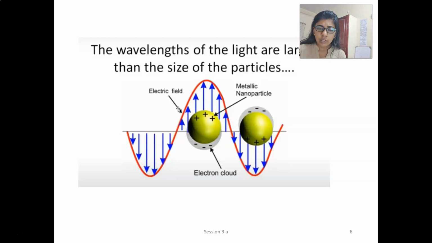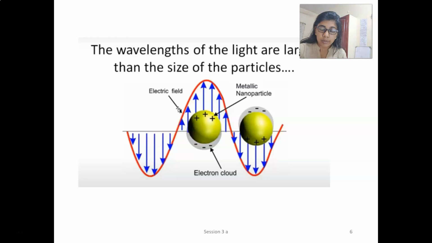Here what happens is that in every nanoparticle you will be having plasmon associated with them, and this plasmon will be oscillating. When you irradiate this nanoparticle with suitable light, at some point the frequency of oscillation of the plasmons of the nanoparticle will be equal to the frequency of the electromagnetic radiation.